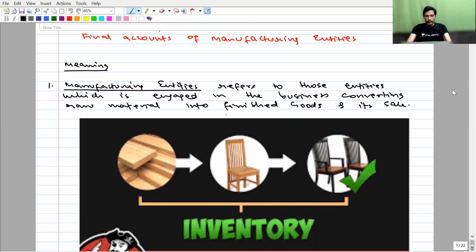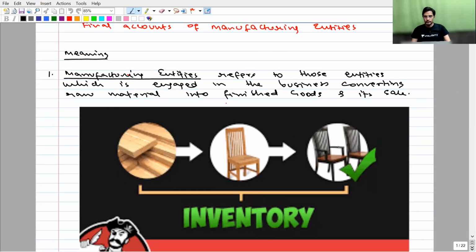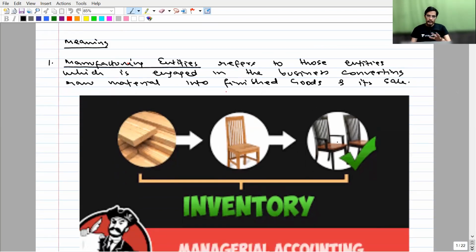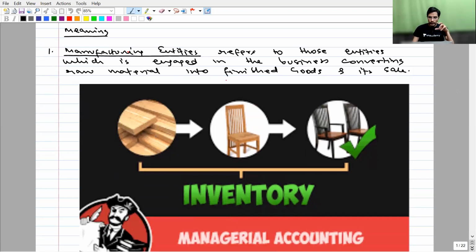Manufacturing accounts, or final accounts of manufacturing entities, basically refers to those entities which are engaged in the business of converting raw material into finished goods and its sale. Say, for example, if an entity is engaged in manufacturing furniture, it will start with wood. Wood will be a raw material for them.